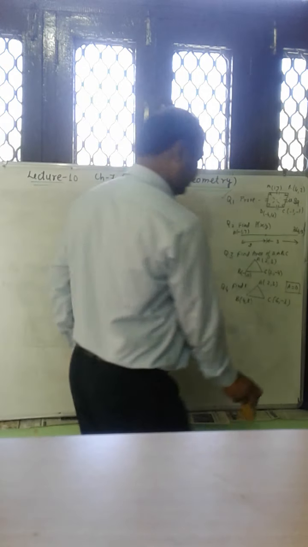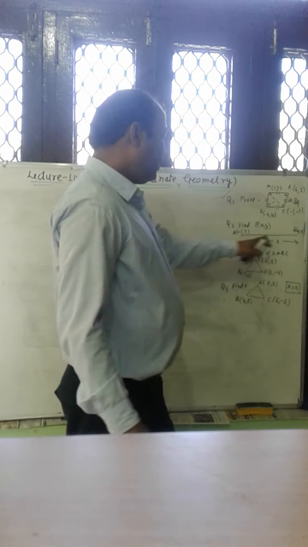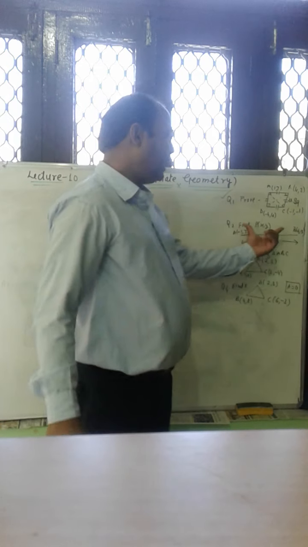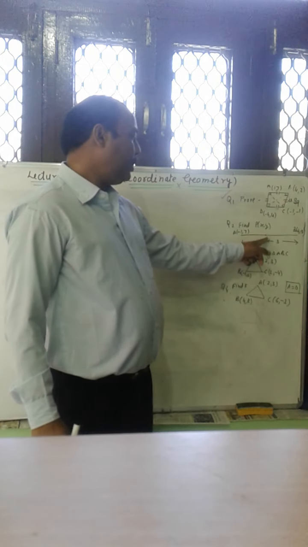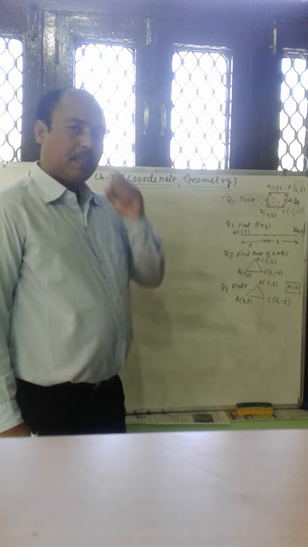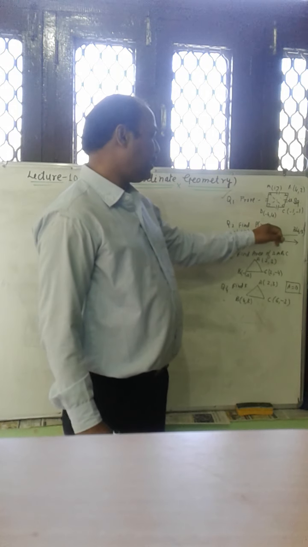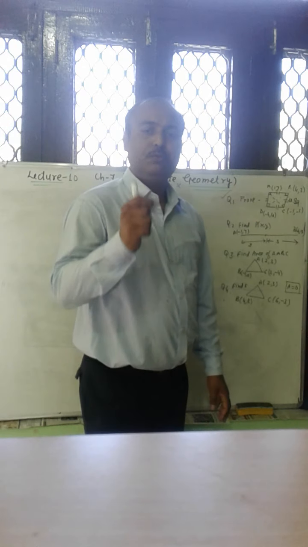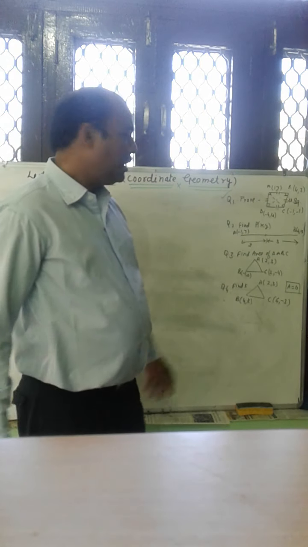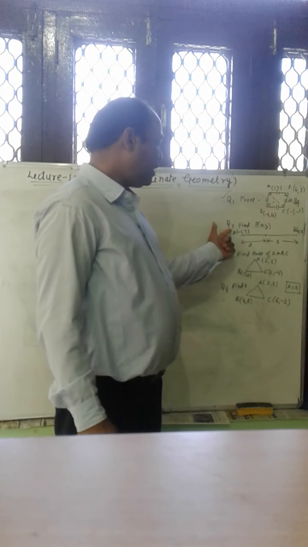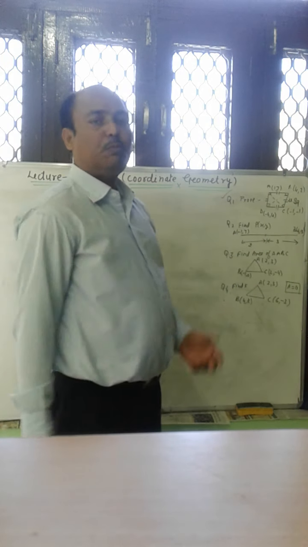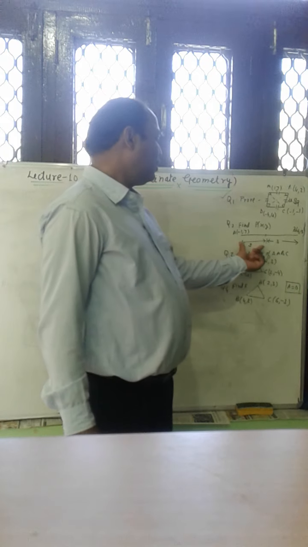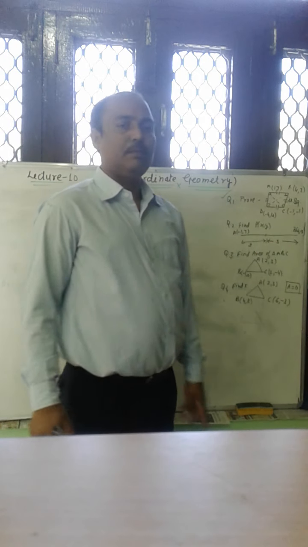Next question is, AB is a line segment, and on this line segment point P is here with coordinates x comma y. We want to find out the point P that divides this line AB into two parts in the ratio 2:3.